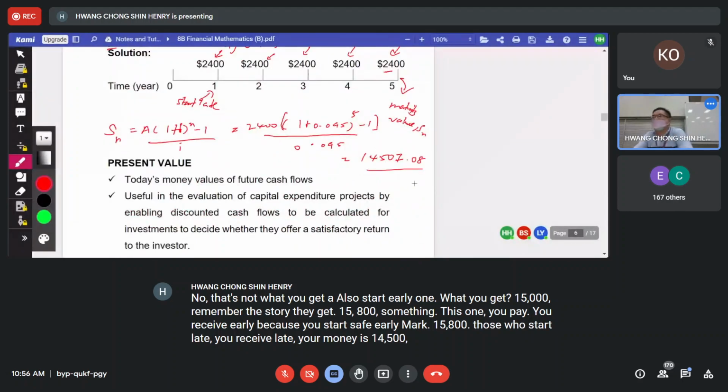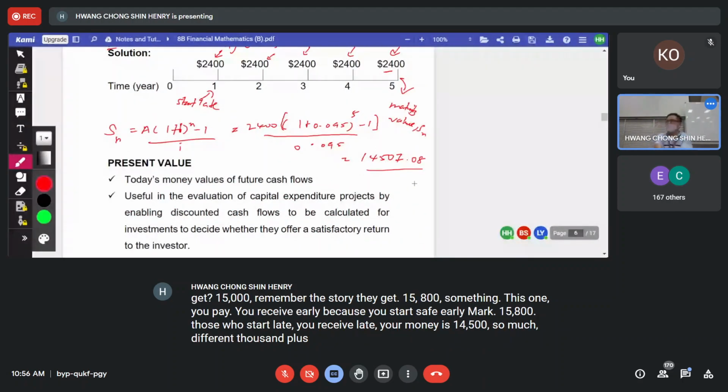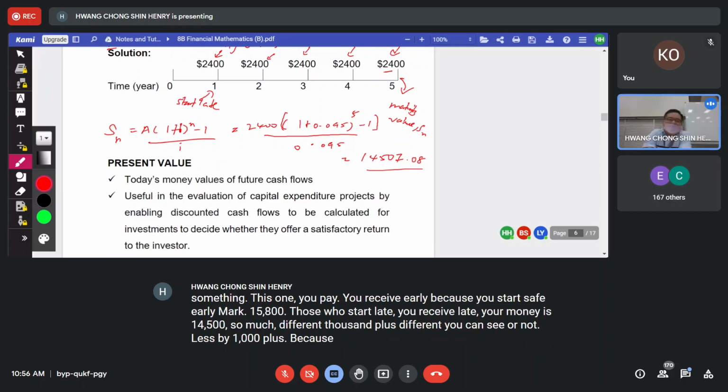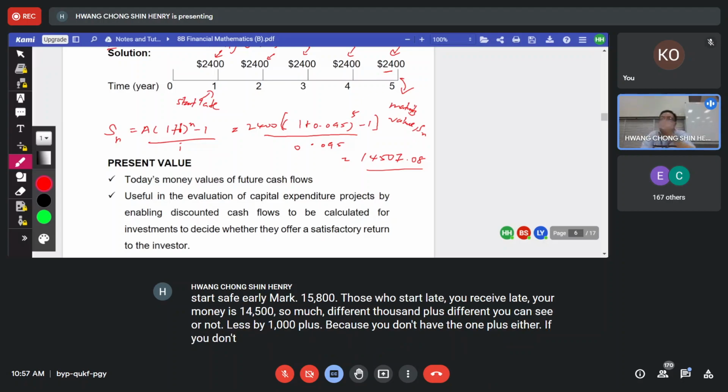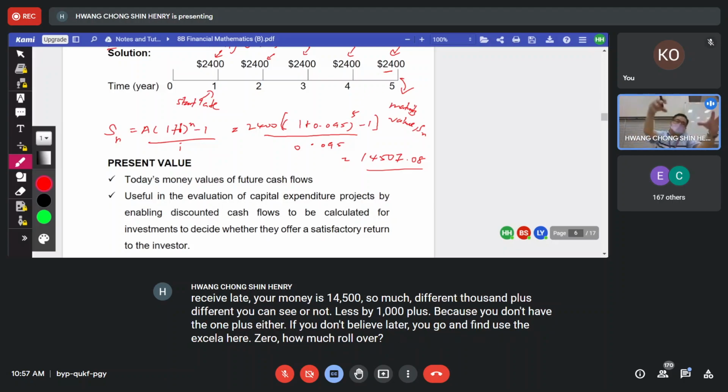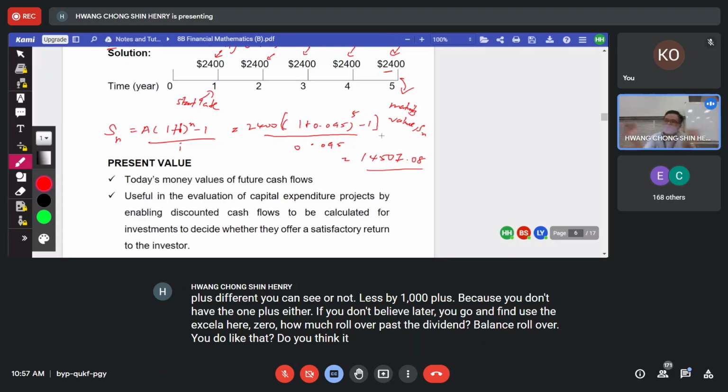So how much different? 1,000 plus different. Can you see or not? Less by 1,000 plus, because you don't have the 1 plus I there. If you don't believe, later you go and use the Excel, year 0, how much, roll over, plus the dividend, balance, roll over. You do like that, do you think you get the same answer? Yes.